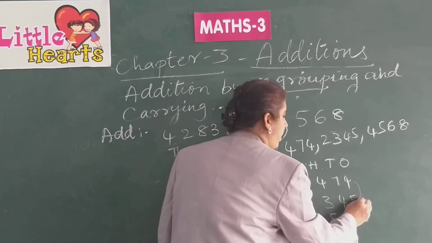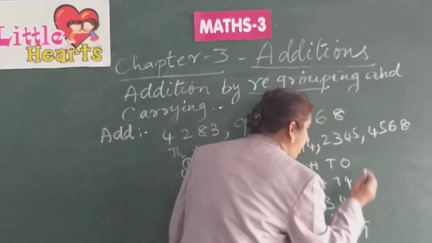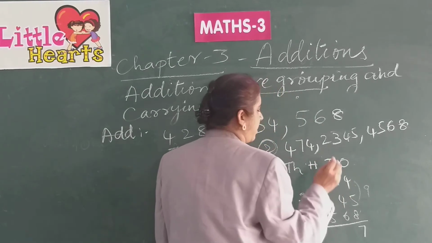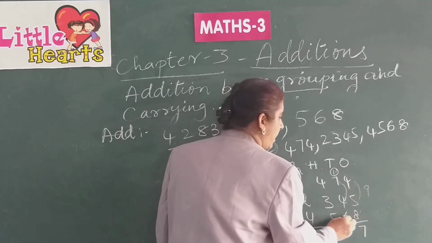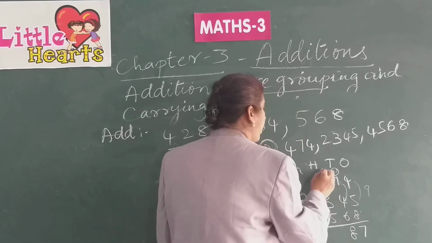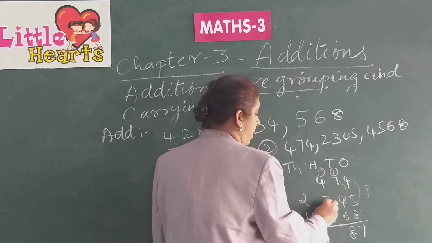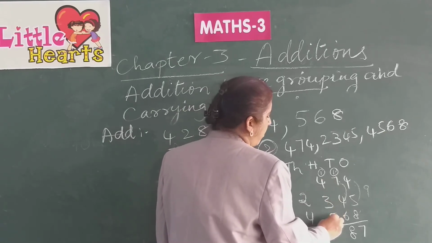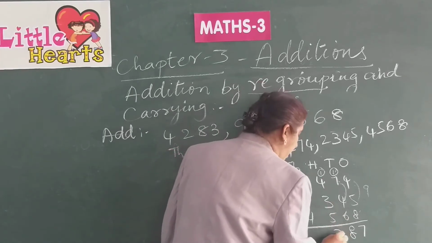4 plus 5, 9. 9 plus 8, 17. 7 in the ones, carry 1 to the tens. 7 plus 4, 11. 11 plus 6, 17. 17 plus 1, 18. Carry 1. 4 plus 3, 7. 7 plus 5, 12. 12 plus 1, 13.